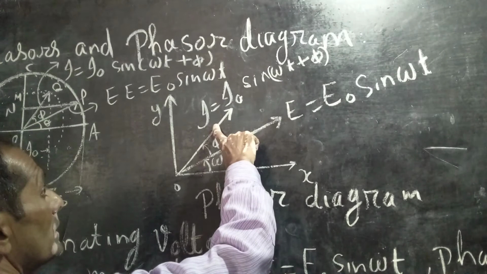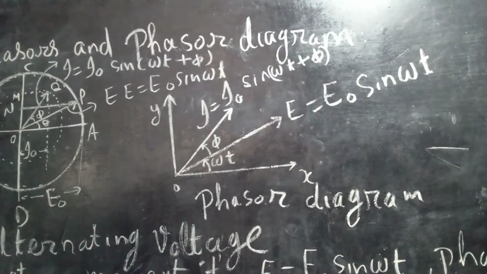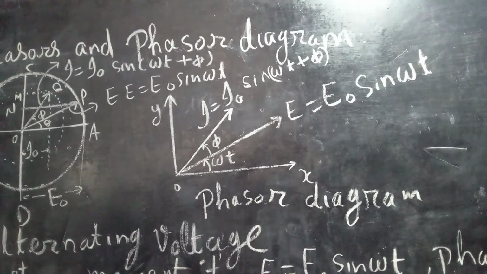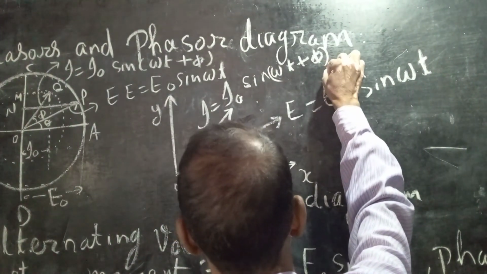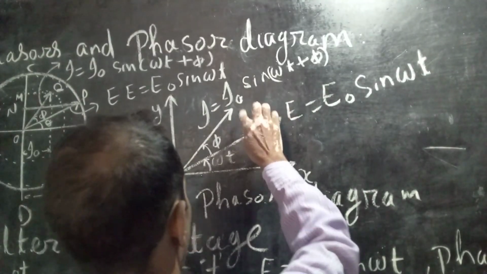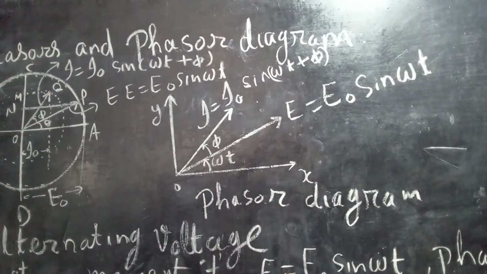It means both are in different phase. If voltage is zero, current may not be zero; current has a certain value. Or if current is zero, voltage may not be zero. If E is E0 sin omega t and I is I0 sin(omega t plus phi), then we say that current leads voltage by phase angle phi.